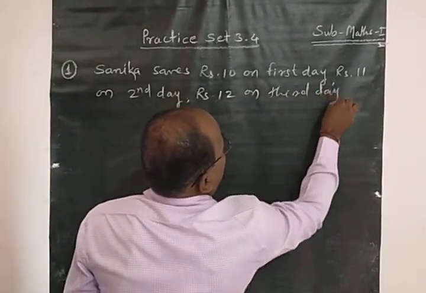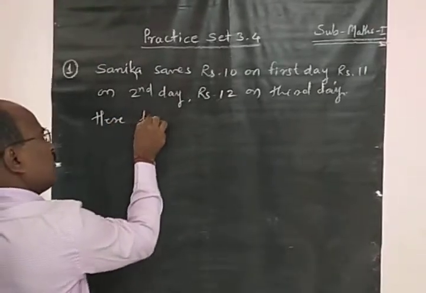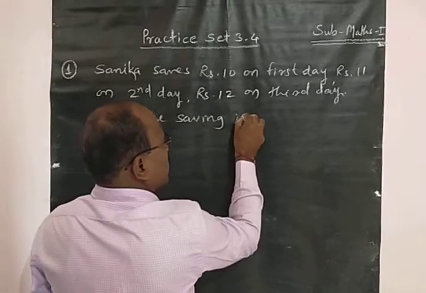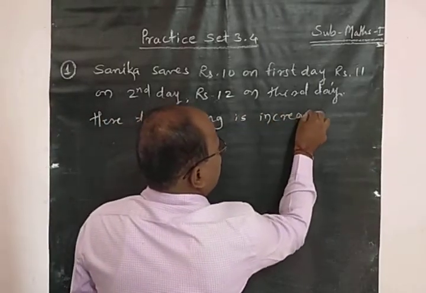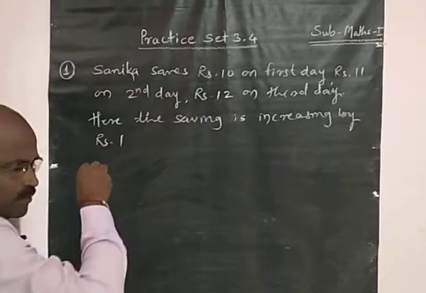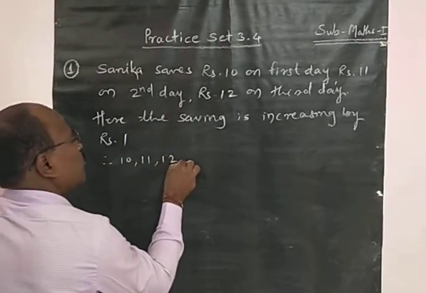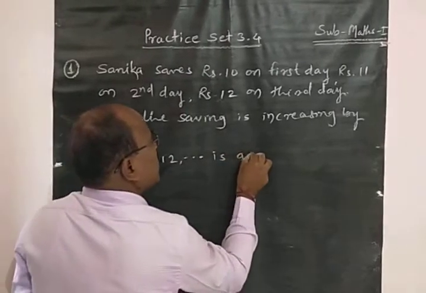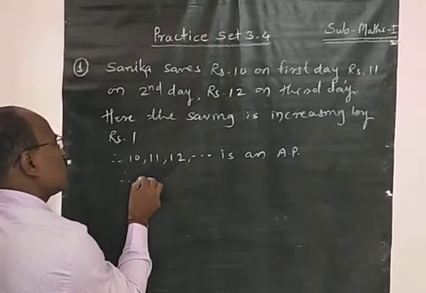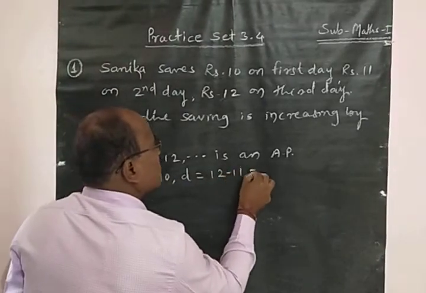Okay, so here the saving is increasing by rupees 1. Therefore 10, 11, 12 dash is an AP. Therefore here a is equal to 10 and common difference d is equal to 12 minus 11 is equal to 1.